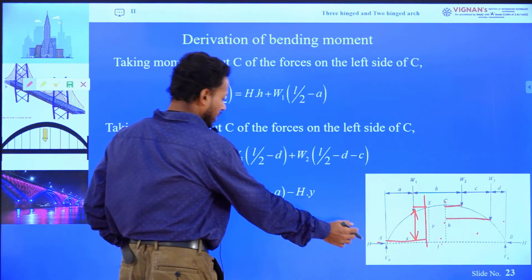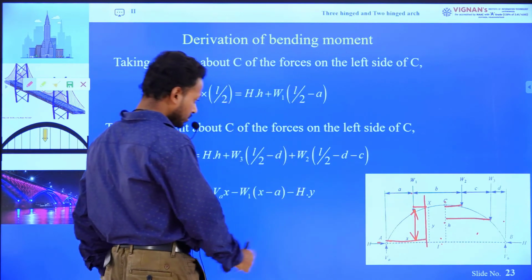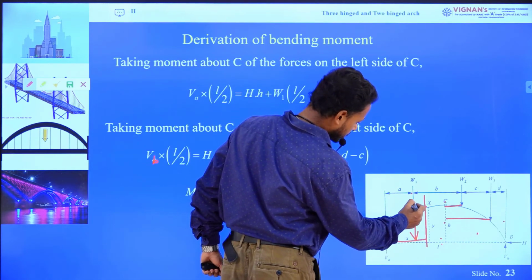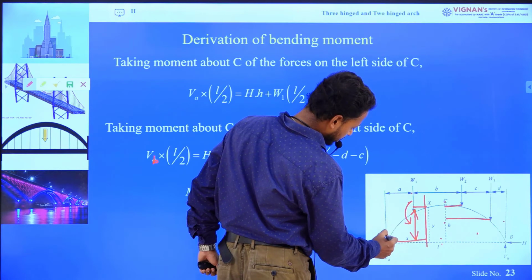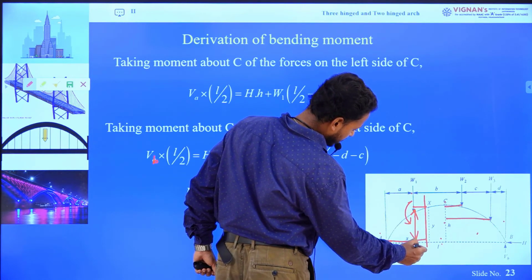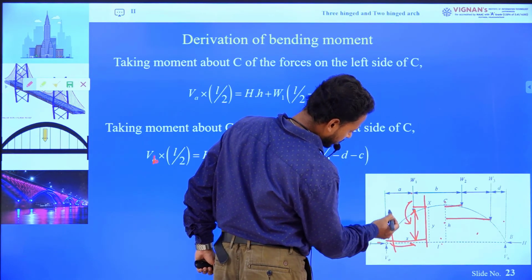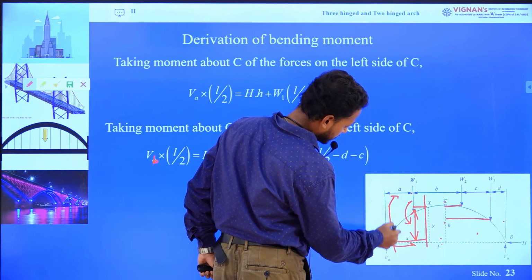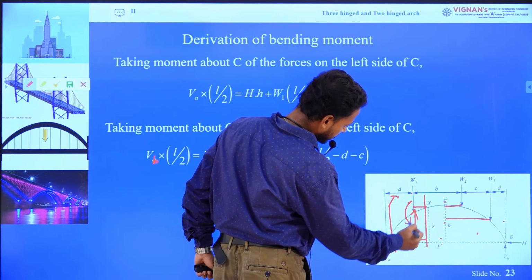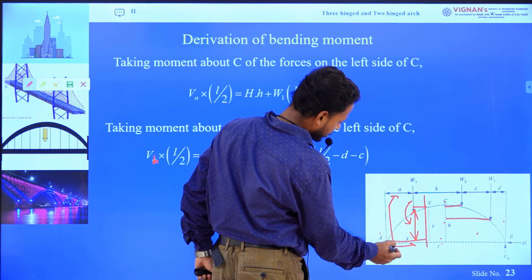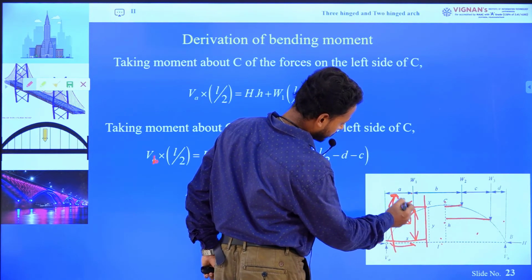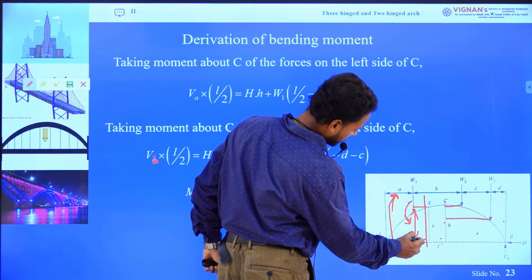So capital H into y. This force is trying to rotate in this direction, this force also in this direction, but this force is trying to rotate in this direction. So this is clockwise, this is anticlockwise, this is anticlockwise. So this moment will equal this moment plus this moment.